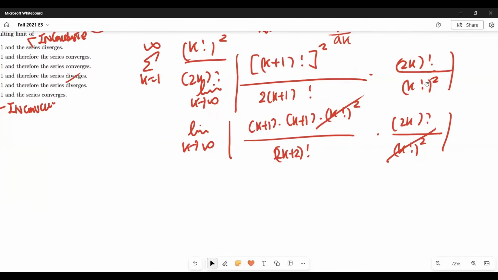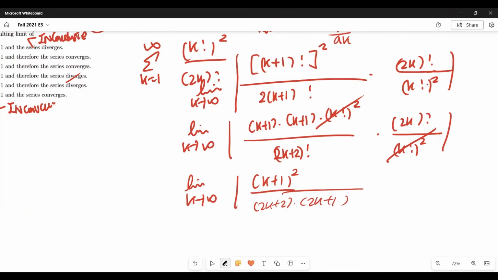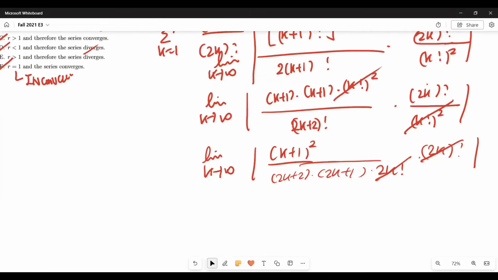So this is the limit as k goes to infinity of k plus 1 squared over 2k plus 2 times 2k plus 1 times 2k factorial times 2k factorial, right? So this cancelled out. So all we are left with is the limit as k goes to infinity of k plus 1 squared over 2k plus 2 and 2k plus 1.